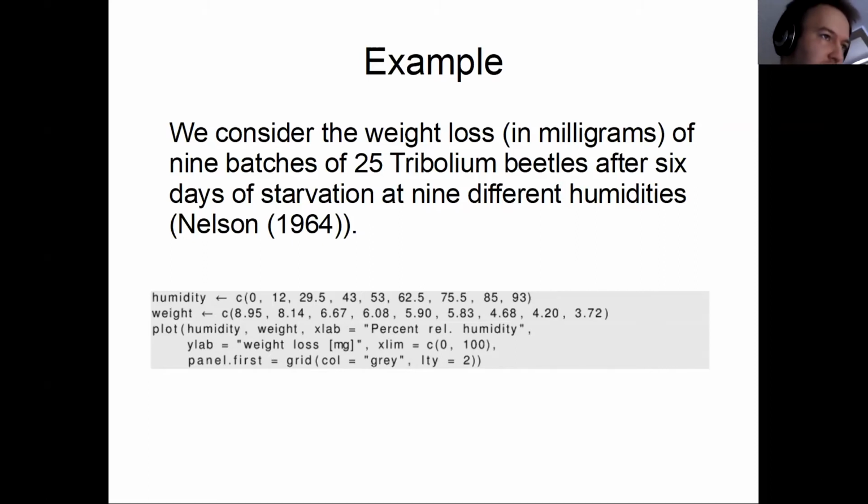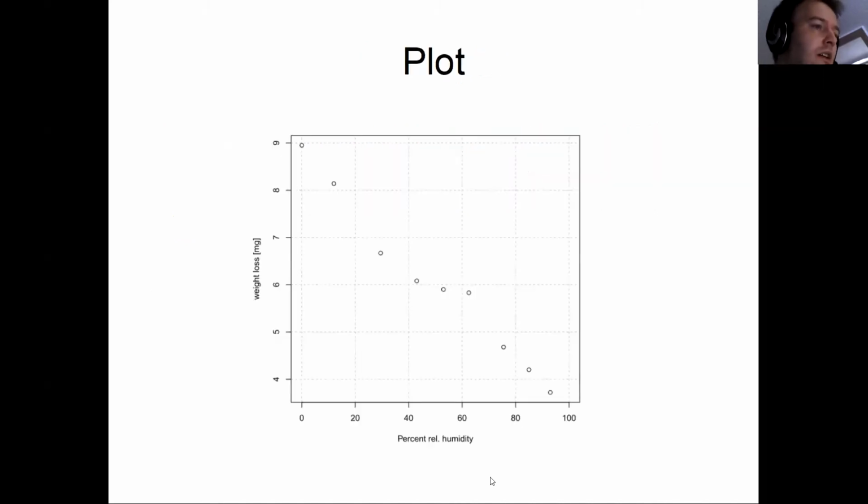Below you can see the R code that I used to generate the following plot. On the x-axis you can see the percentage of relative humidity, and on the y-axis the weight loss in milligrams, and here you can see a scatter plot of the data.